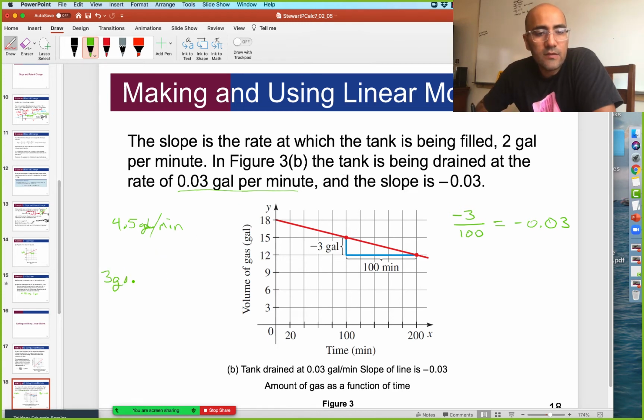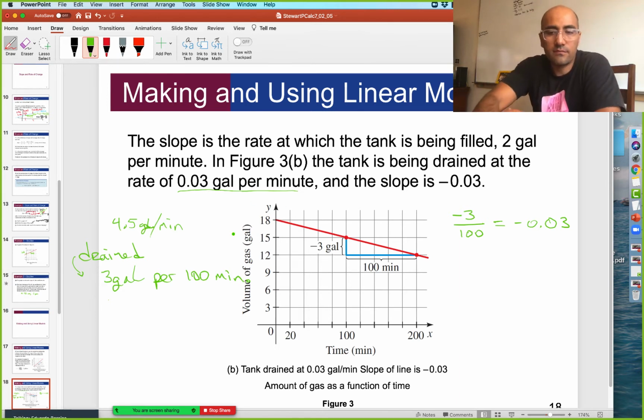We throw in the word drained so that we know this is going down. It's being drained at a speed of 3 gallons per 100 minutes. Or, like we wrote up here, drained at a rate of 0.03 gallons per minute. Good. If you don't want to use the word drained, then you can throw in a minus in front so that people know you're going in the negative direction.